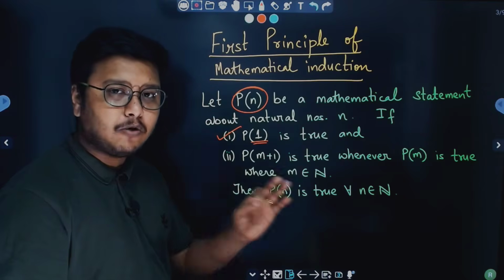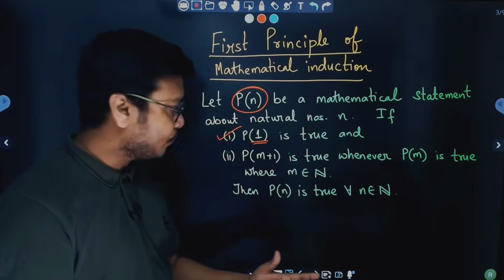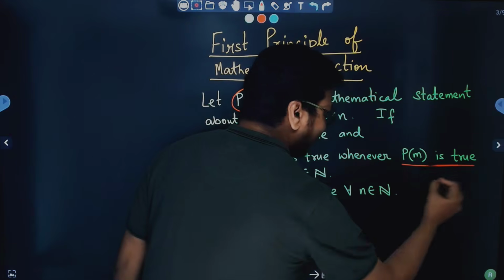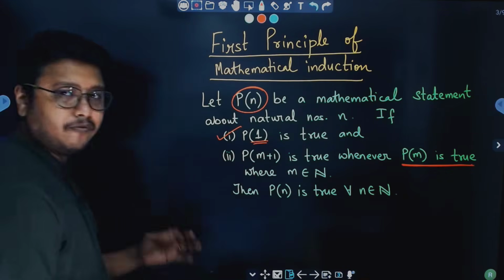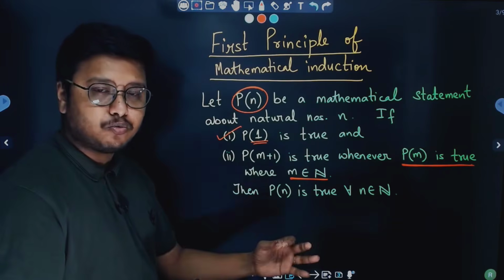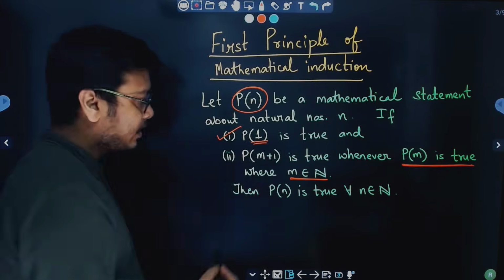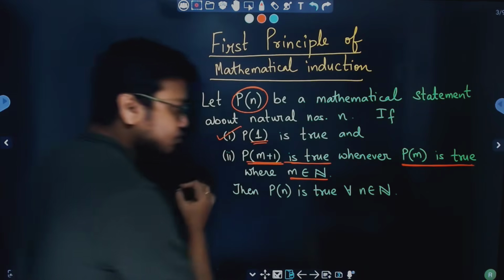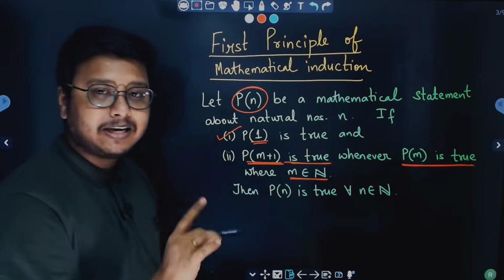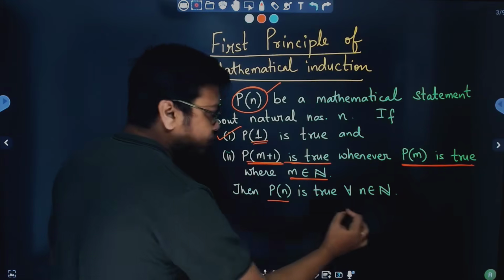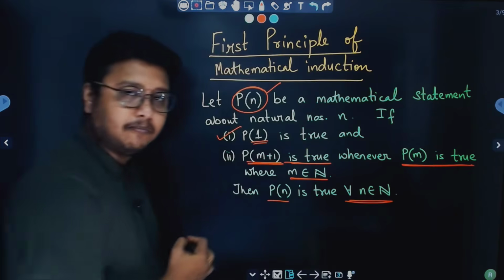Now, if we assume that the mth statement is true, where m is any natural number, and under this assumption we can show that the m plus 1th statement is also true, then we can conclude that our mathematical statement Pn is true for all natural numbers.